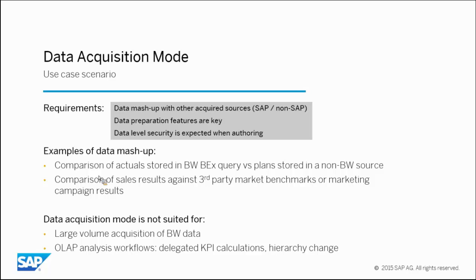Similarly, comparison of sales for a quarter against a market benchmark, where the market benchmark is coming from an external source. So with data acquisition, you can acquire your data from a managed source like BW and match it up with data coming from Excel or any third-party systems which are contextual for your analysis.